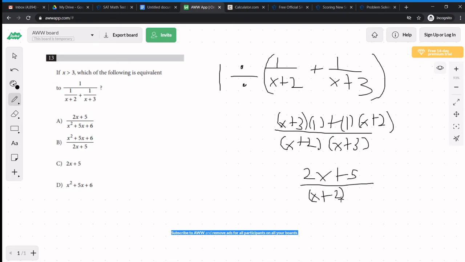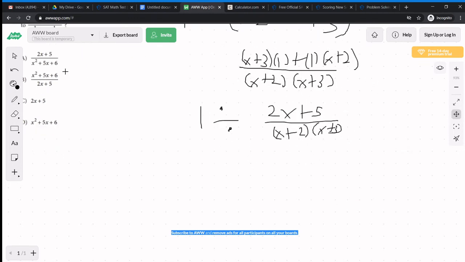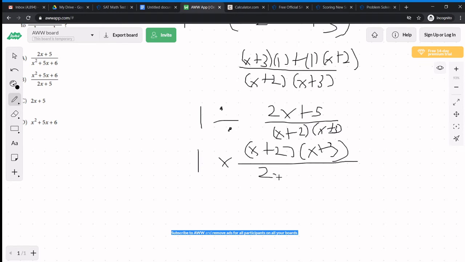times x plus 3. And here's where the 1 divided by part works. If you know anything about division, you should know that when you do this, it's the same thing as 1 times the reciprocal of this. So x plus 2 times x plus 3 over 2x plus 5.